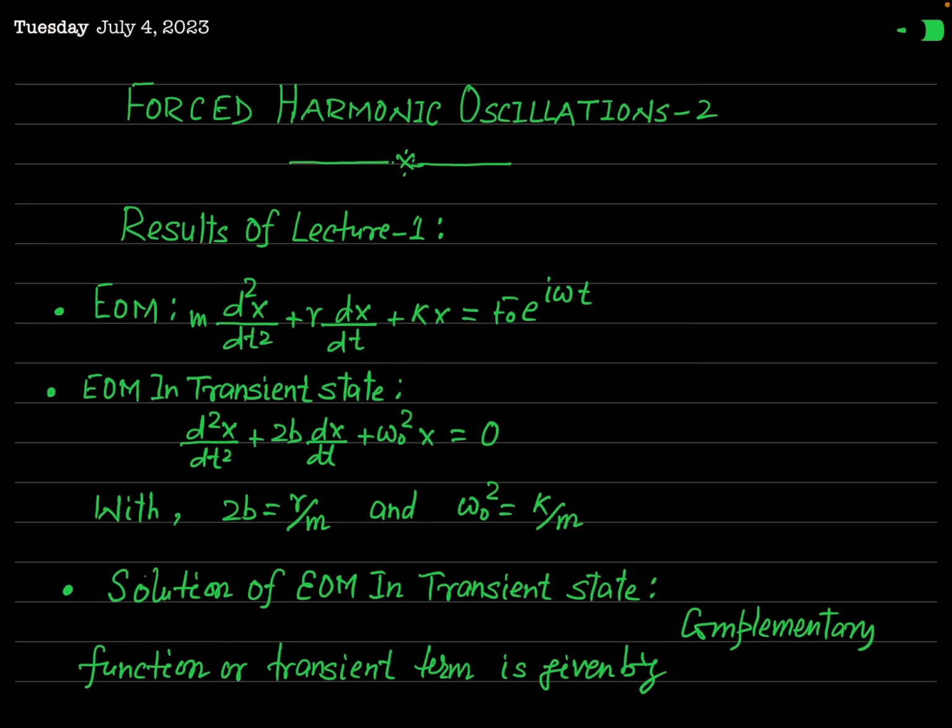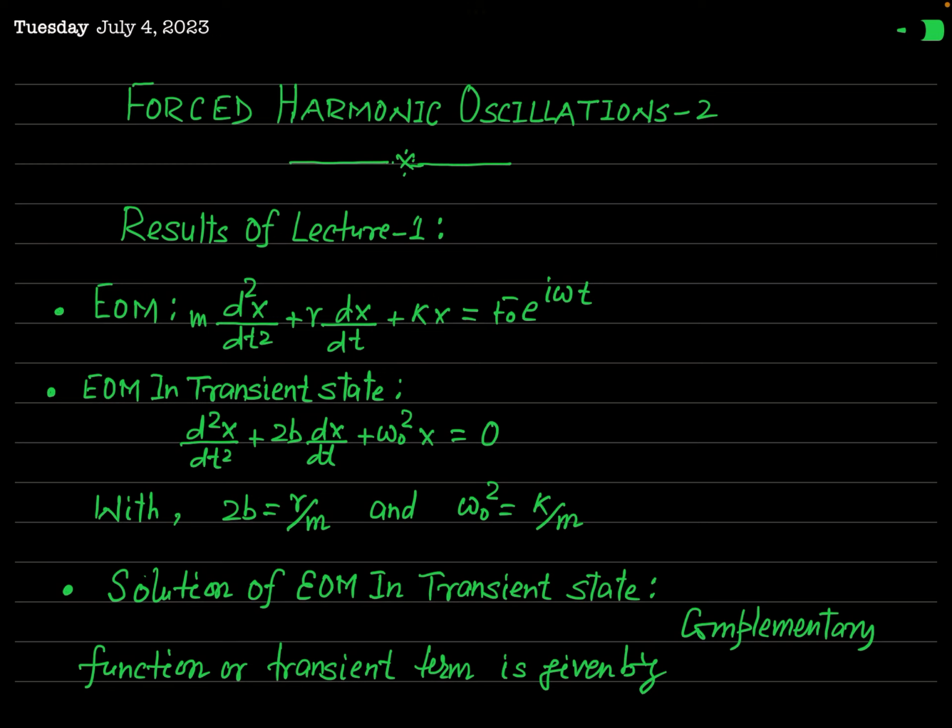In this case, the oscillator just behaves as a damped harmonic oscillator, but that damped harmonic oscillation dies out very soon, and after that our system is in a steady state. And when the system is in a steady state, it is completely governed by the applied periodic force and oscillates with a constant amplitude just like a free oscillator under the applied force. That state is called a steady state.